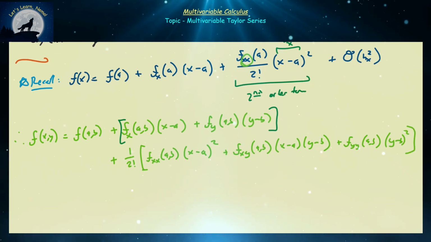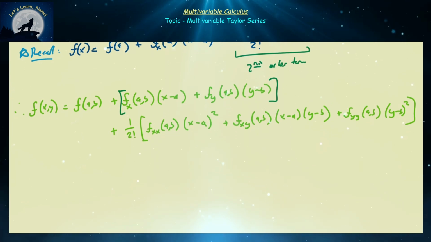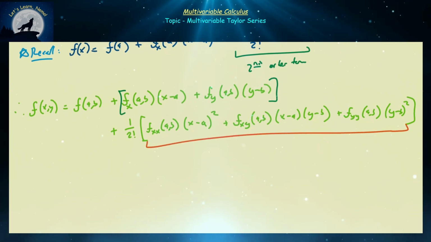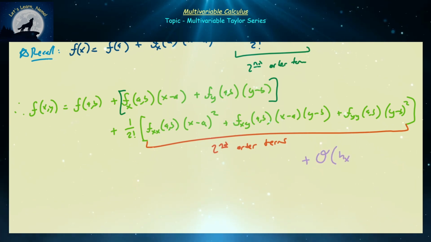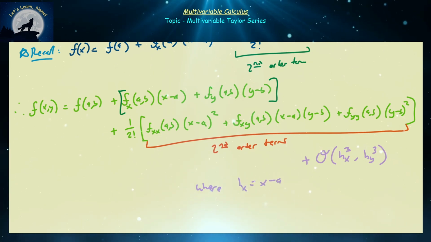And keep in mind, these are your second order terms. And then you're going to have some more things, plus o, and that's going to be h_x to the power of 3, and then h_y to the power of 3, where h_x will be equal to x minus a, and h_y will be equal to y minus b.